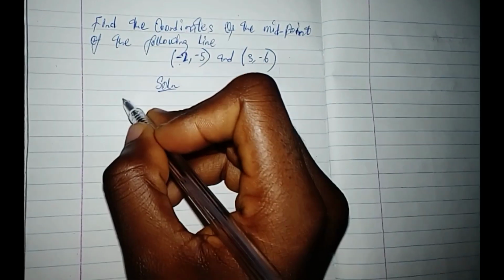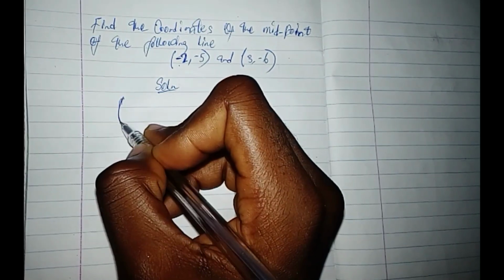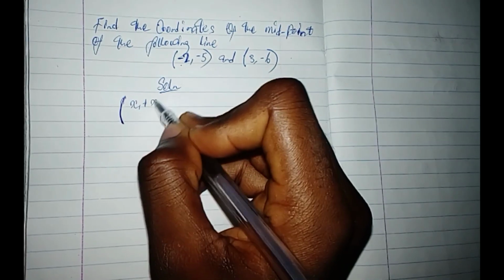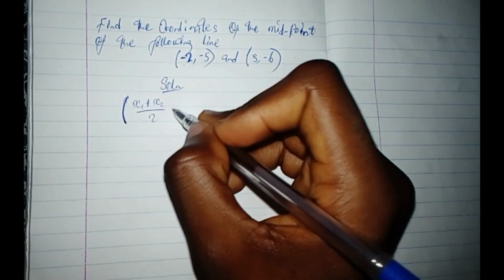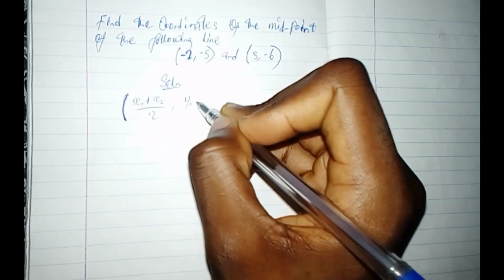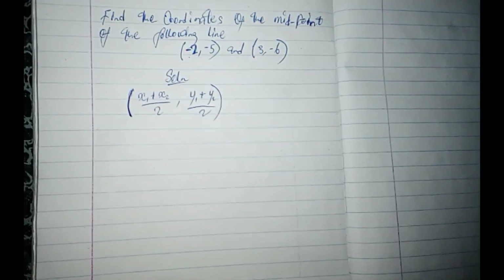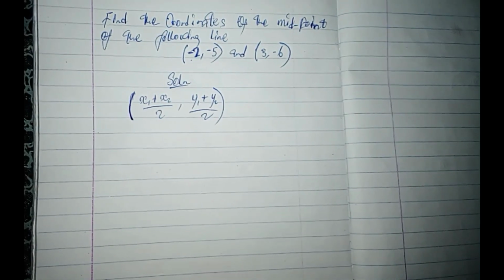So the midpoint of a line will be ((x1 plus x2) over 2, (y1 plus y2) over 2). So this is the midpoint of a line.